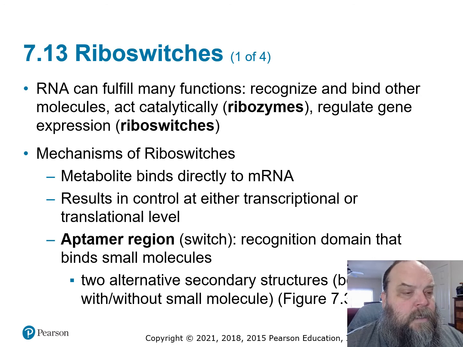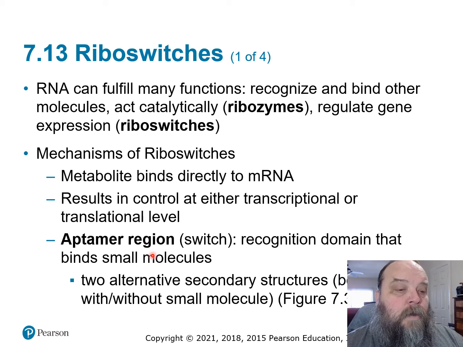So we're now looking at these stem loops in terms of what are referred to as riboswitches. They're centered around regions that are referred to as aptamer regions. This is a region that allows for a stem loop to occur. There are multiple regions for complementary base pairing.